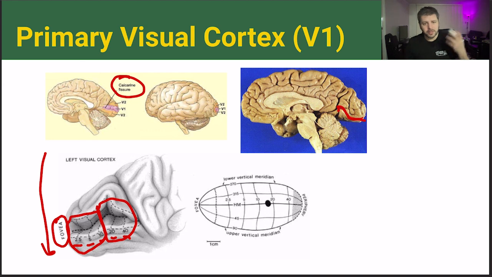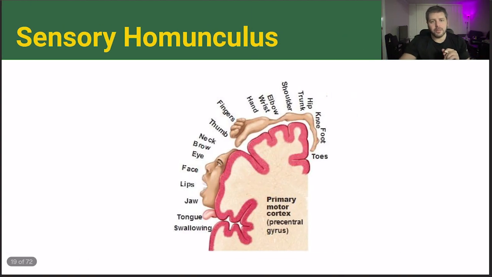So as you can see, there's a different amount of cortical infrastructure devoted to where we need high spatial acuity, and then where we can sacrifice a little bit and be less precise in terms of the sensitivity to what's going on in the environment. And that is also something we see in this idea of the sensory homunculus.